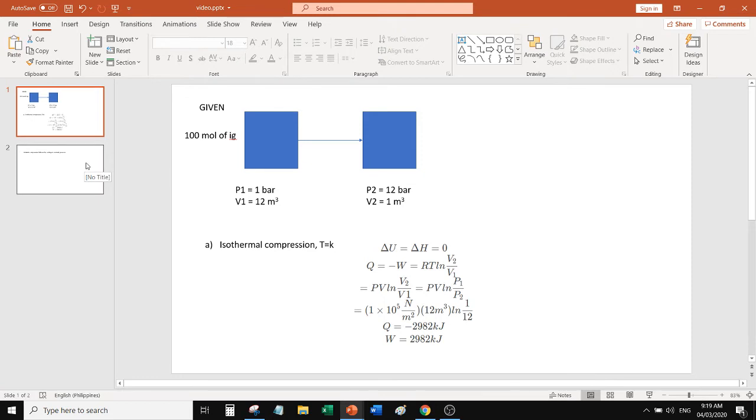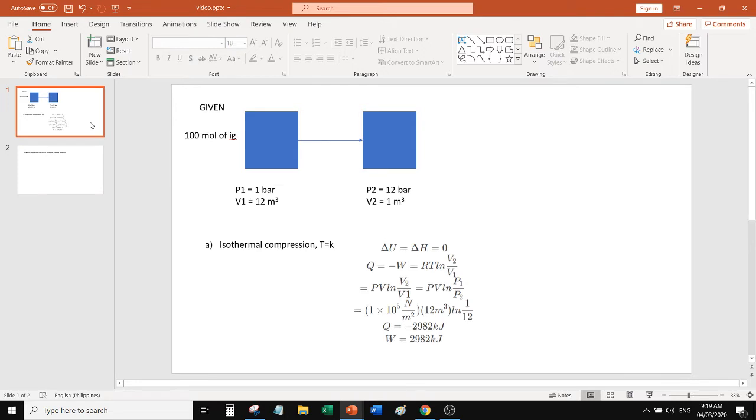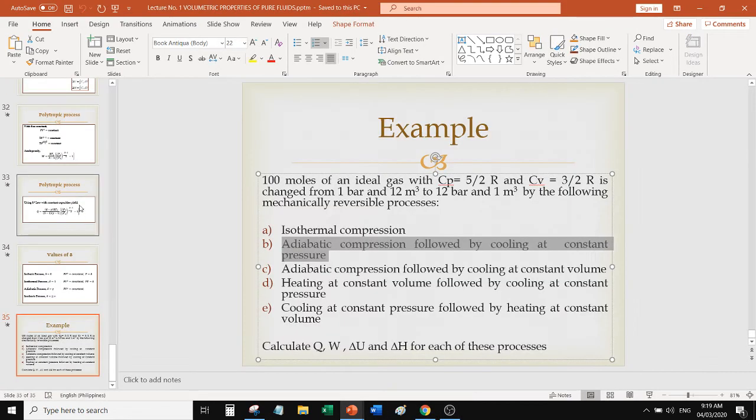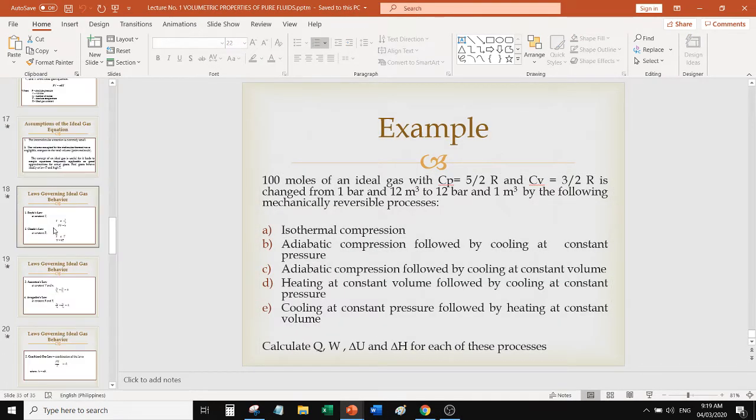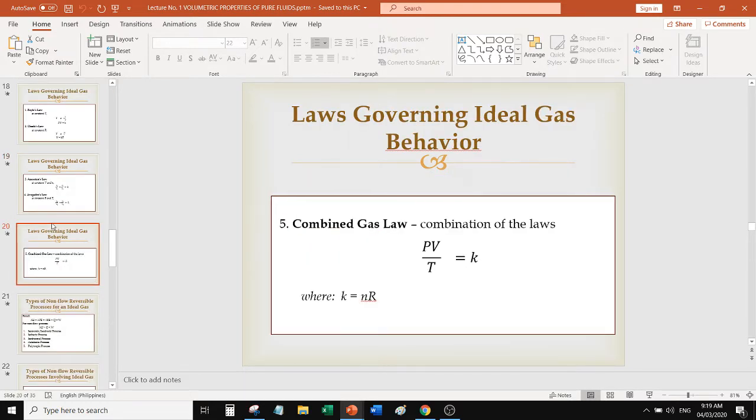By the way, did you notice anything about the temperature? What do you think would be the temperature at the first state and at the second state? Since it's an ideal gas, PV over T is a constant for an ideal gas.